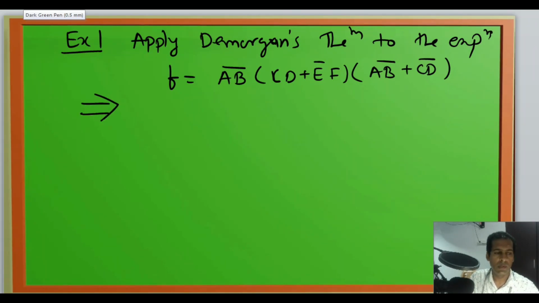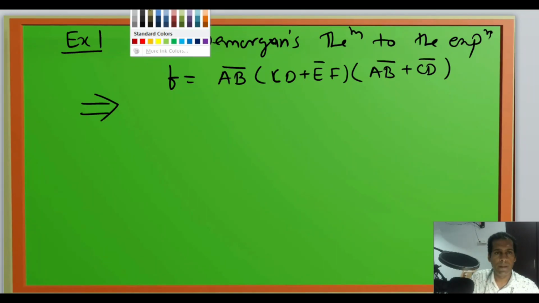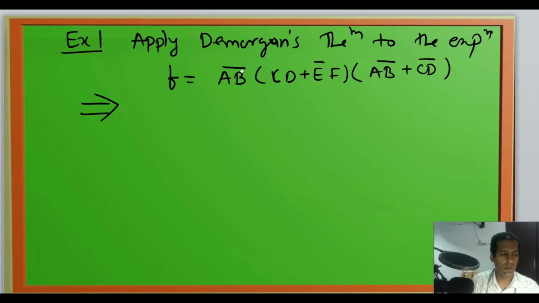So let us write it down. Let us take the complement of this one. If we take the complement of this, we will get AB, the complement of this CD bar, the complement of this can also be written as E bar F whole bar.